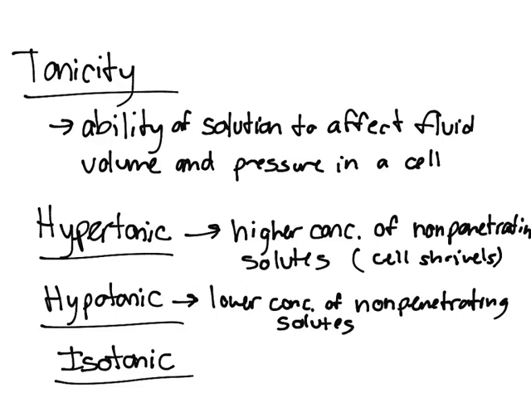And so if there are more non-penetrating solutes inside the cell than outside, water is going to go into the cell, and at a certain point it may cause the cell to burst because there's too much water. And then finally, isotonic is the same concentration in and out of the cell, so no change in the volume or cell shape will occur.